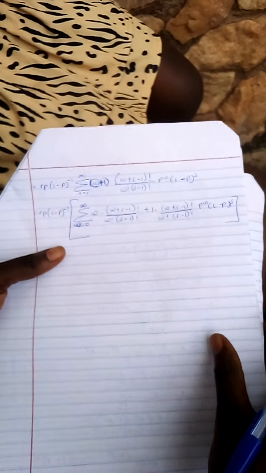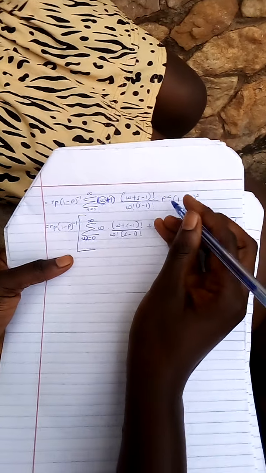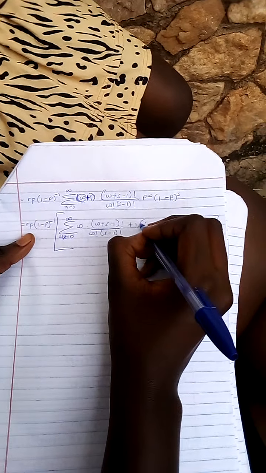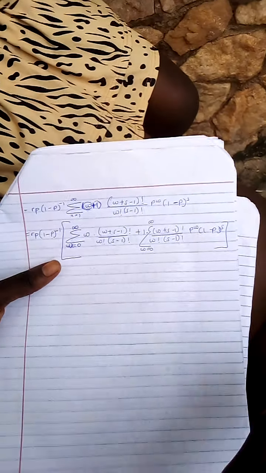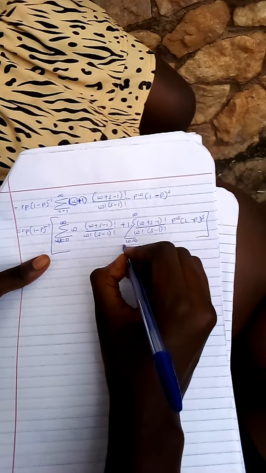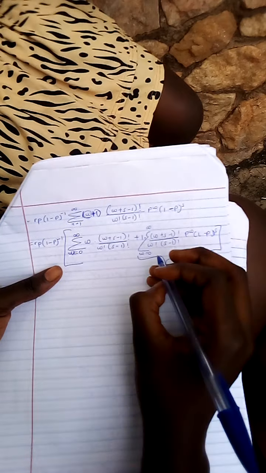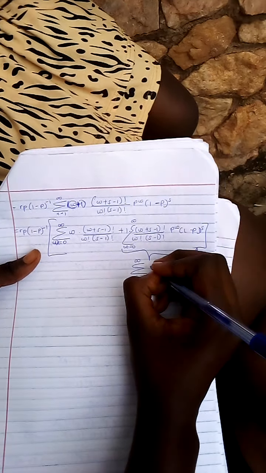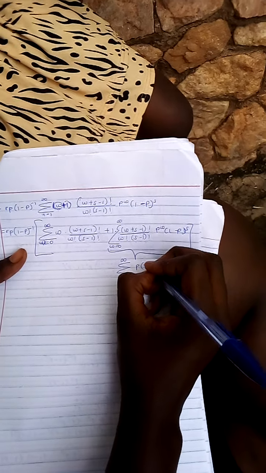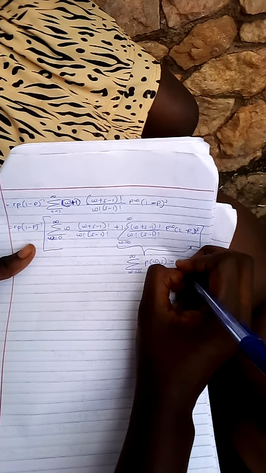For a negative binomial, we know that the summation from 0 to infinity of this entire function can be written as this, which is equal to 1.